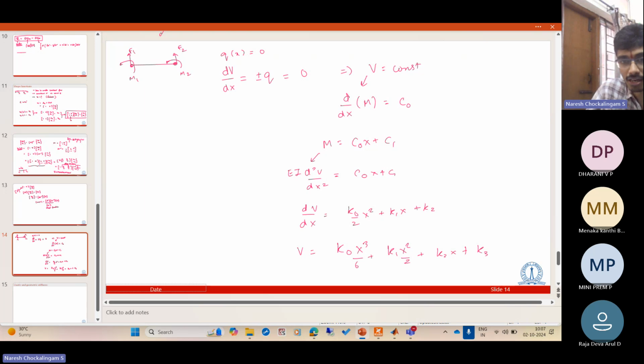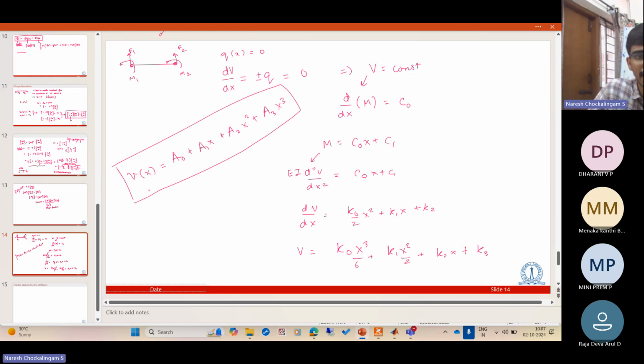It doesn't matter what K0 by 6 is, you just call it some constant. So V in general, the exact solution for a beam element without any distributed loading, is cubic: A0 plus A1 x plus A2 x square plus A3 x cube. This is the general solution for a beam element loaded only at its ends.